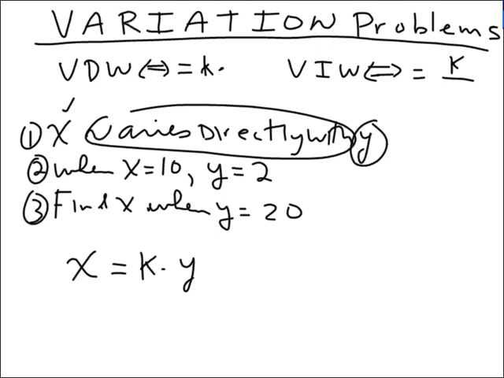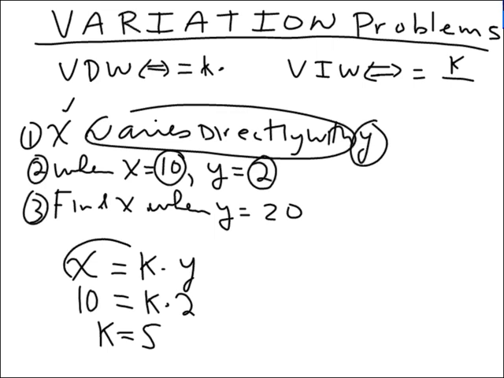X equals ky. For statement 2, whenever I see x I can write 10, and wherever I see y I write 2. Okay, so 10 is equal to k times 2. Now you all know that 5 times 2 equals 10. So k is 5.